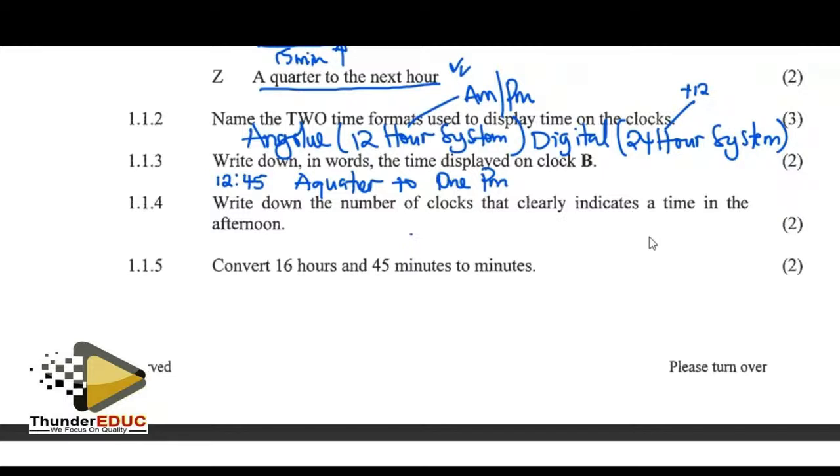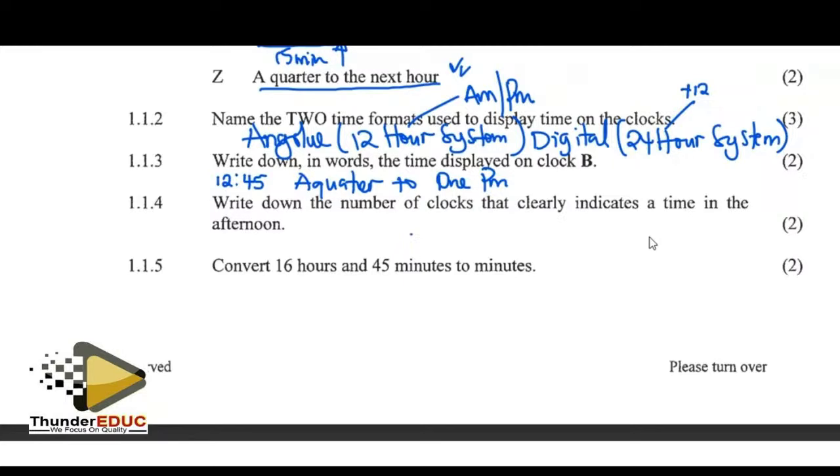It's in digital form. Yeah, it's a quarter to 1, as in 1 p.m. Or you can say a quarter to 13 hours. All right, because from here we are expecting 13 hours.